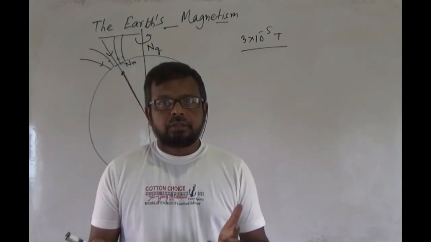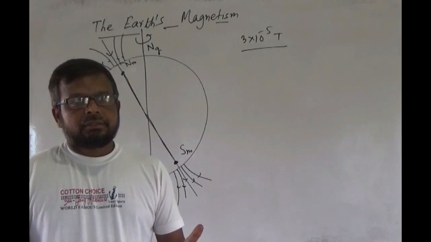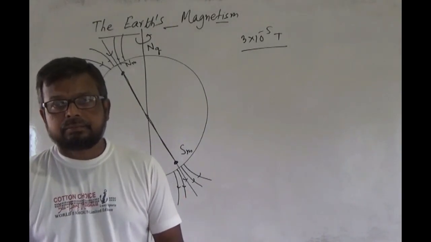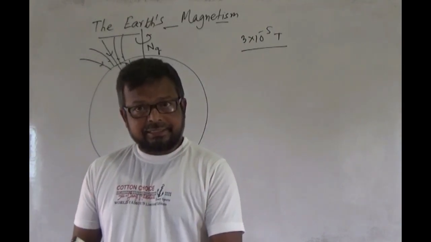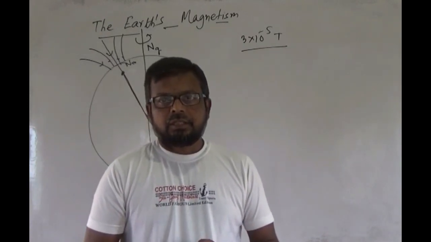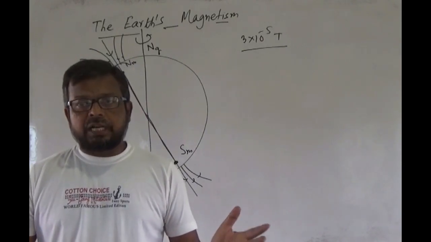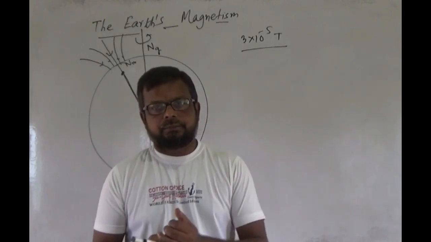Therefore, ions and electrons are rotating. And if a charged particle is rotating, then it sets up current. And current is equivalent to magnetism. Right? And that is the cause of the Earth's magnetism. This was the second theory.